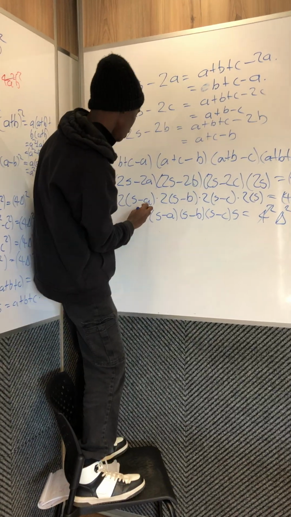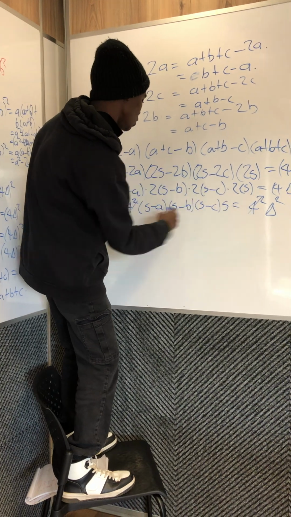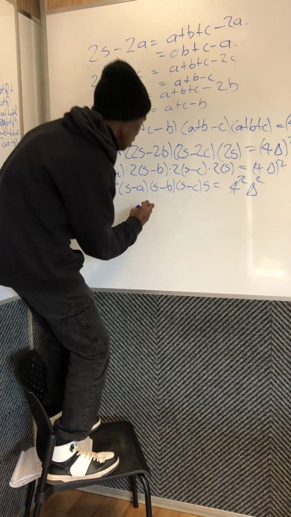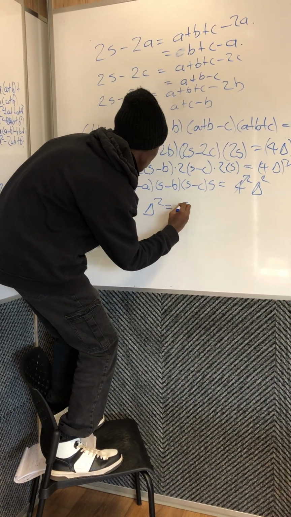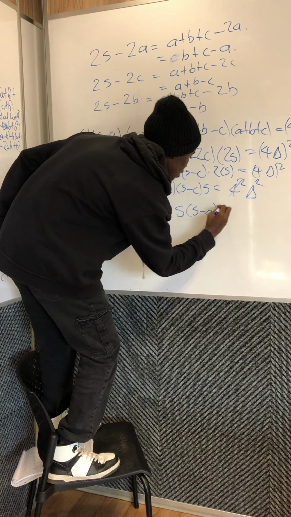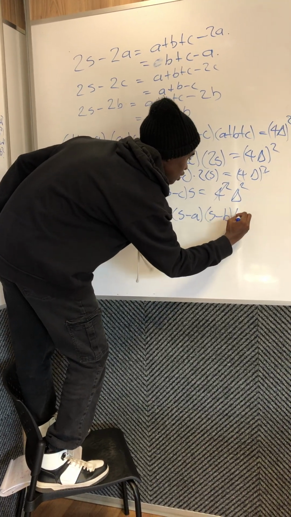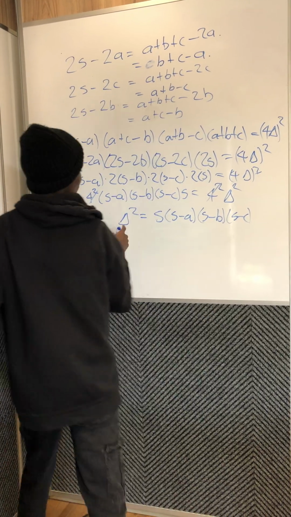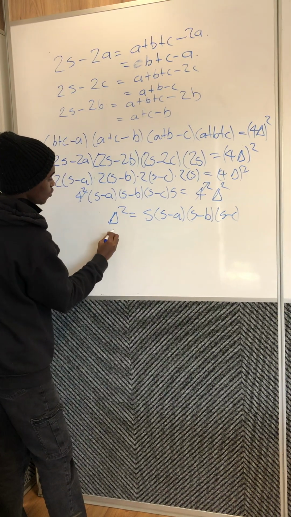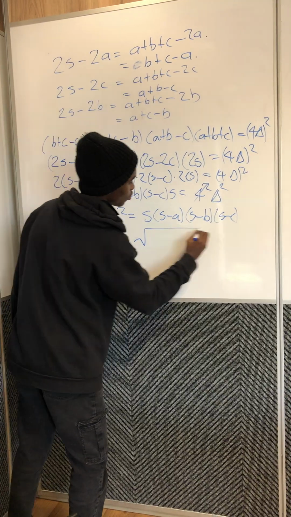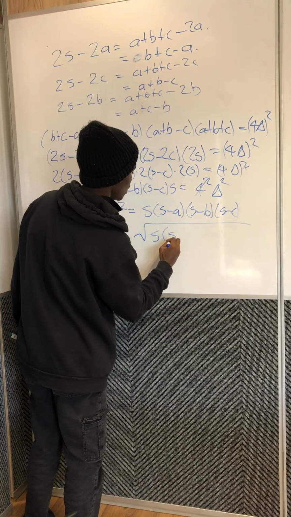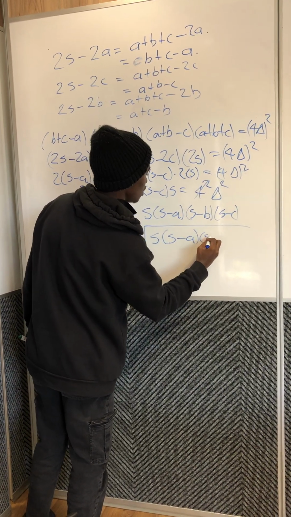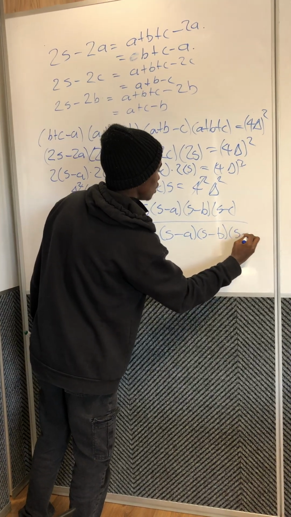We can cancel, so that delta squared equals S times S minus a, S minus b, and S minus c. And now, in order to find delta, we say delta equals the square root of S times S minus a, S minus b, S minus c.